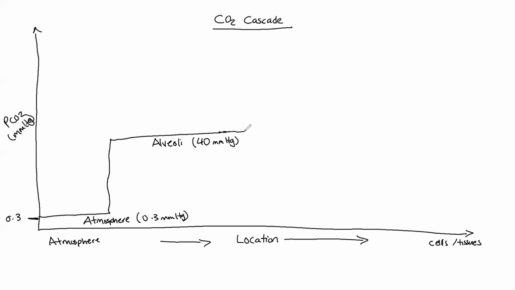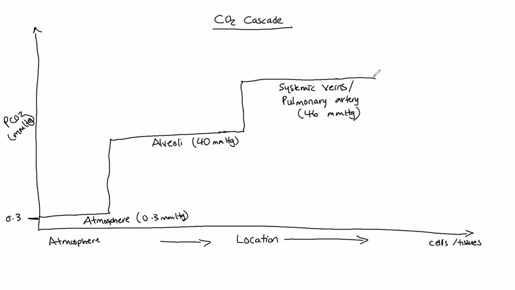And so once again, we see an increase here as we think about our systemic veins and pulmonary artery, which is about 46 millimeters of mercury.